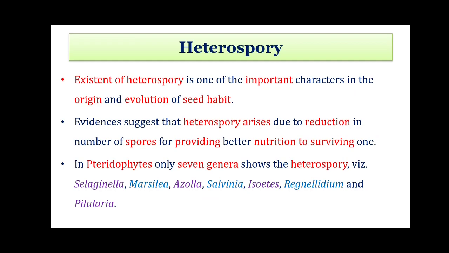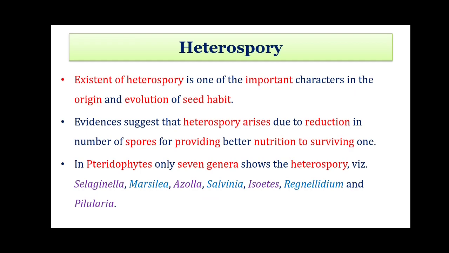Now, the existence of heterospory is one of the important characters in the origin and evolution of the seed habit. Evidence suggests that heterospory arises due to the reduction in the number of spores for providing better nutrition to the surviving ones, because as there is a large number of spores, the nutrition requirement is much more and it is not possible for every spore to get the required amount of nutrition.